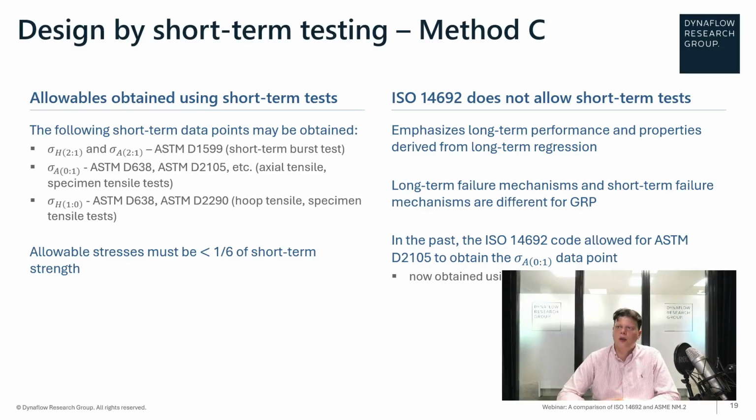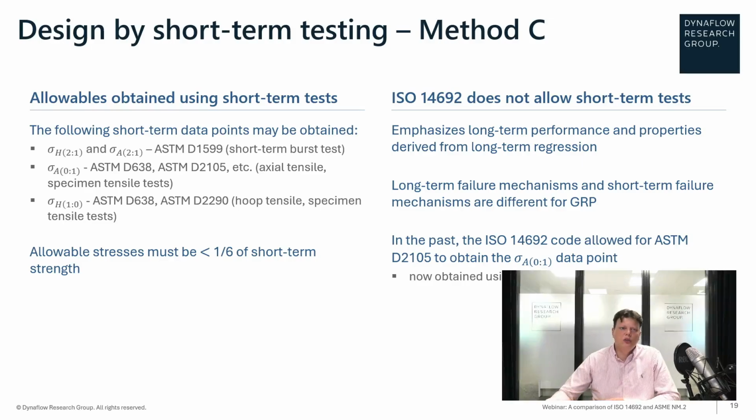From short term. So in comparison, the ISO 14692 does not recognize any short-term tests. The concept of the code is to emphasize long-term performance. So you're designing a pipe for 20 years, a system for 20 years, and properties must be defined from long-term regression. And of course, it's obvious why, and that's because long-term failure mechanisms are very different from short-term failure mechanisms in GRP.